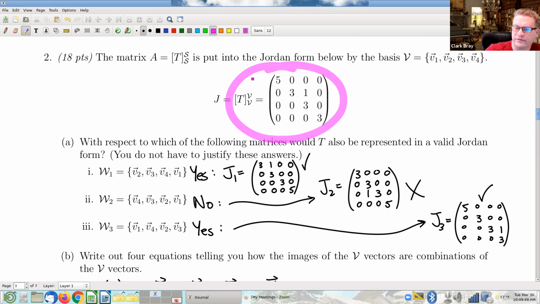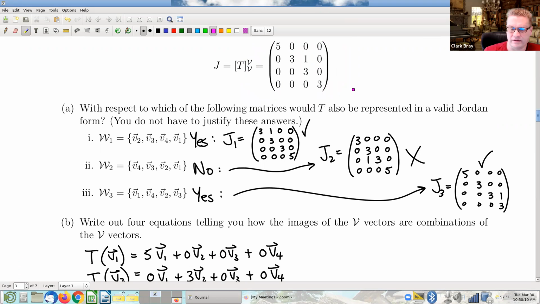Forget about Jordan form, what it means to have a matrix written with respect to a basis is that we're going to take these vectors and we're going to look at their images by that transformation, and they're written in that language, and those coefficients in that language are what the columns are. Okay, so just interpreting literally then, what does this first column tell me? This first column tells me about the image of that first basis vector, V1.